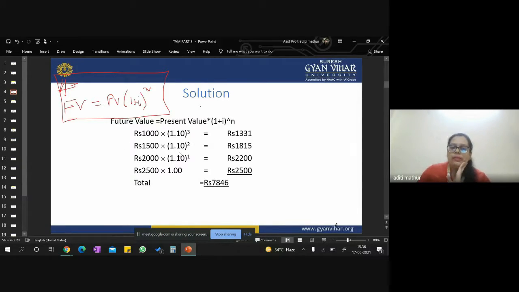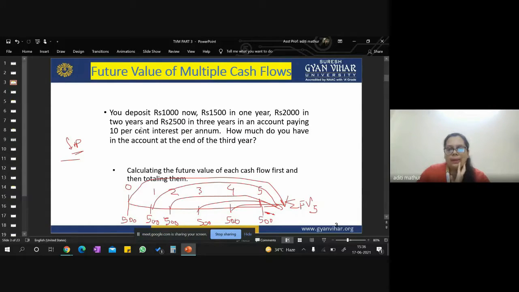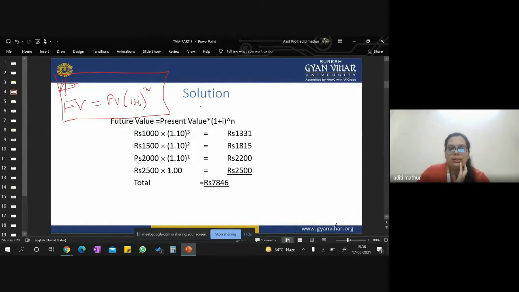The first thing we will change is that from the second year onwards, your interest rate will be 15%.